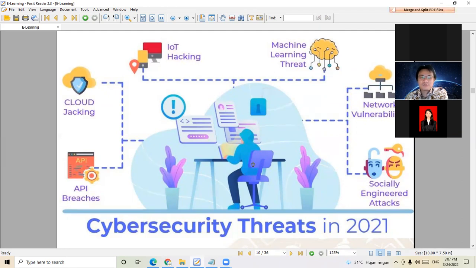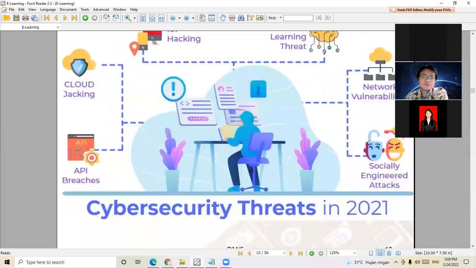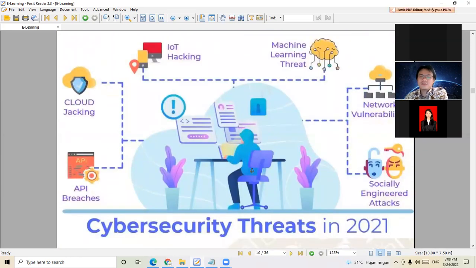That's why we have to be aware, at least we read the news. We read the news about the threats, about security, about the advancement of technology. What are the news? That's our homework as digital marketers.